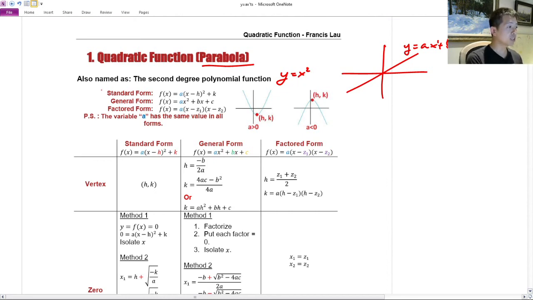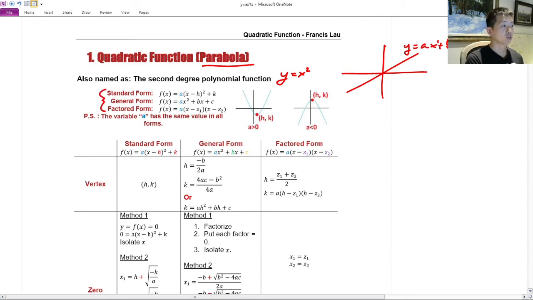Now, we have 3 different forms. So in linear function, we have learned that it's y equal to ax plus b. We learned one form. We actually have 2 other forms that we'll be learning in the next few chapters. But in here, I'm going to show you all 3 forms for the parabola.